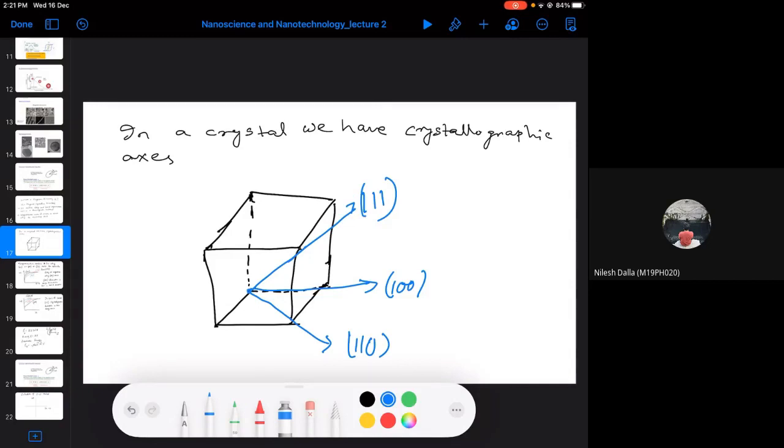Okay, and so depending on how the crystal structure is, the magnetization actually prefers to stay along one of these crystallographic axes, along one of these directions.